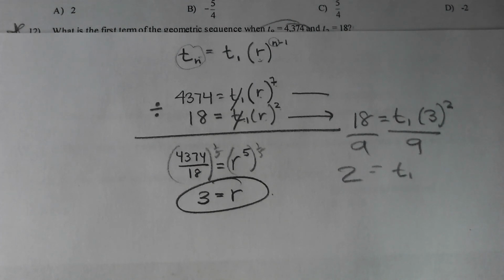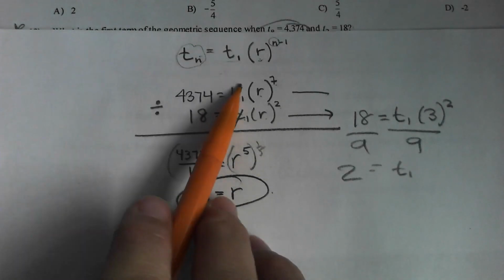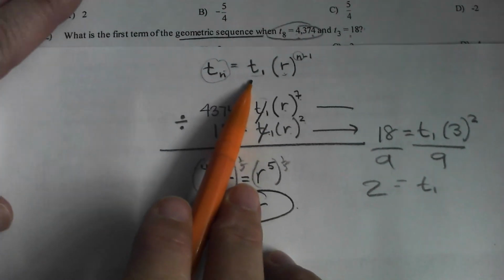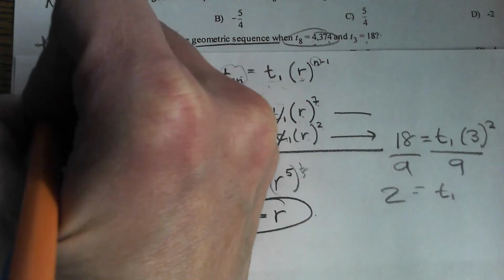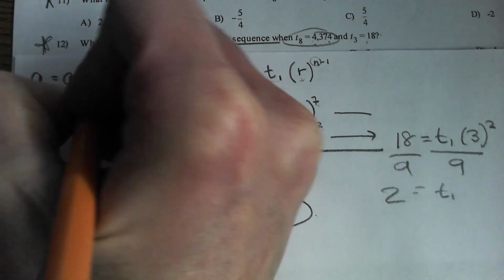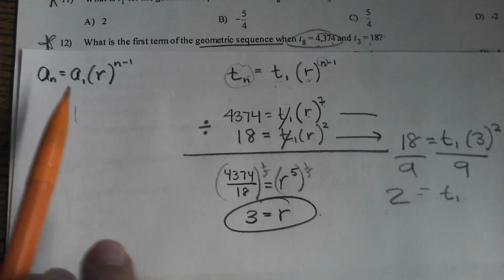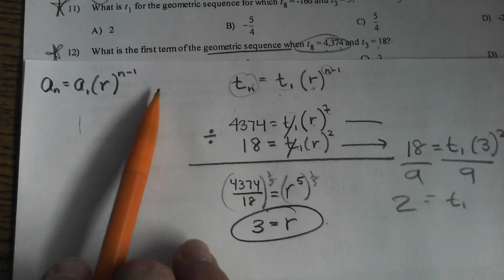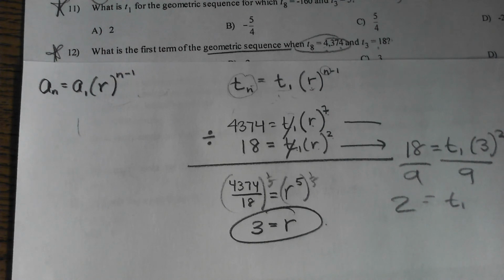Well, I'm going to tell you that even though this is the formula that the Regents sheet gives kids, that's not the formula I leave my Algebra 2 kids with. I've written my own because I don't like this formula. This formula banks on the fact that you know the first term.